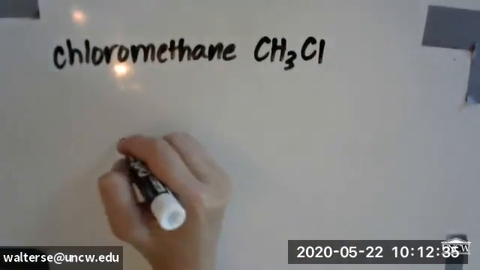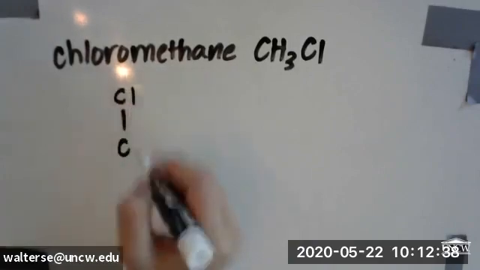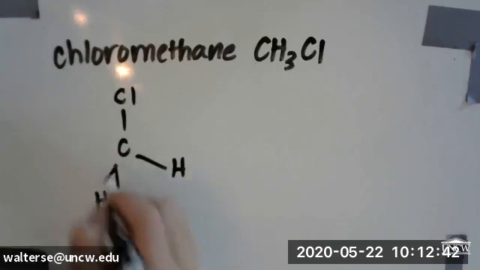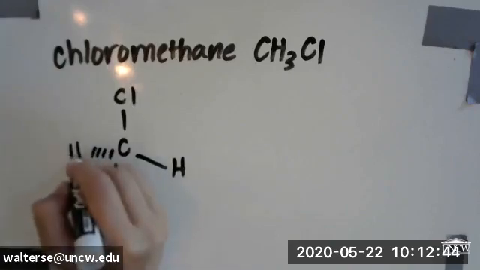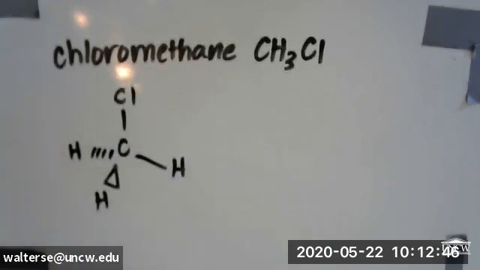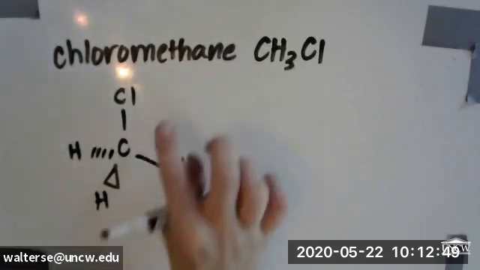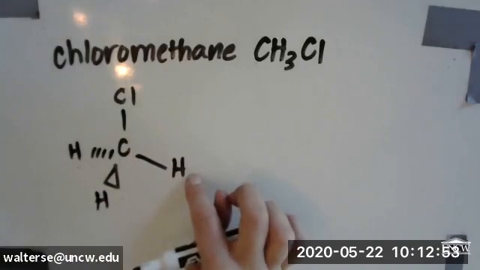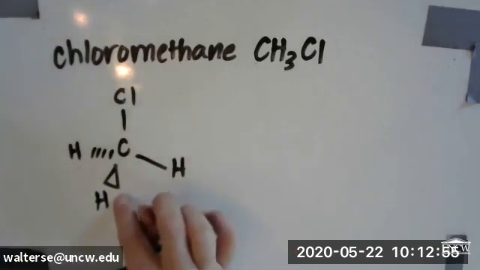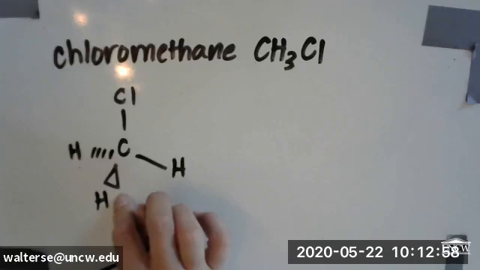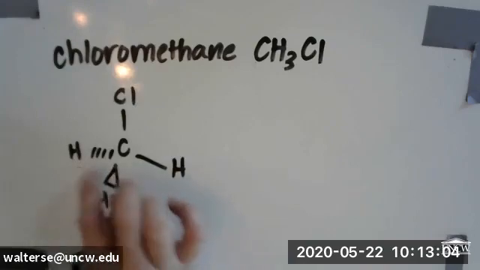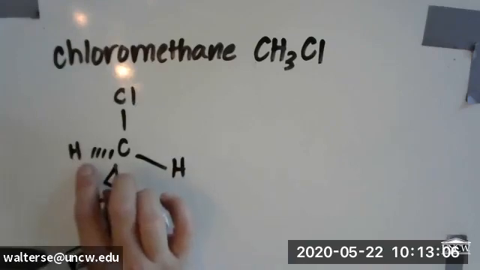The carbon is the central atom, and it has four things around it, so it's a tetrahedral sp3 hybridized carbon. So the chlorine, the carbon, and this hydrogen on this side are all in a plane. This hydrogen on the dash is going behind you. This hydrogen on the wedge, oh sorry, this is a wedge. The wedge is coming to you, the dash is going behind you.